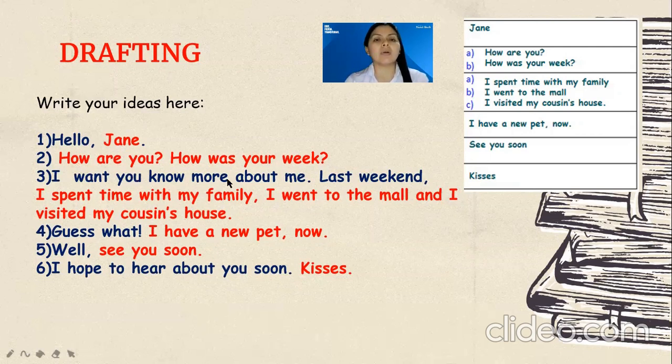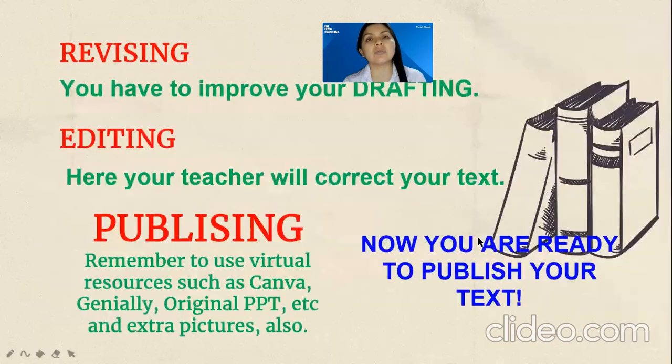I want you to know more about me. Last weekend, I spent time with my family. I went to the mall and I visited my cousin's house. Guess what? I have a new pet now. Well, see you soon. I hope to hear about you soon. Kisses, okay? And maybe in this part, you have some mistakes and your teacher is going to check.